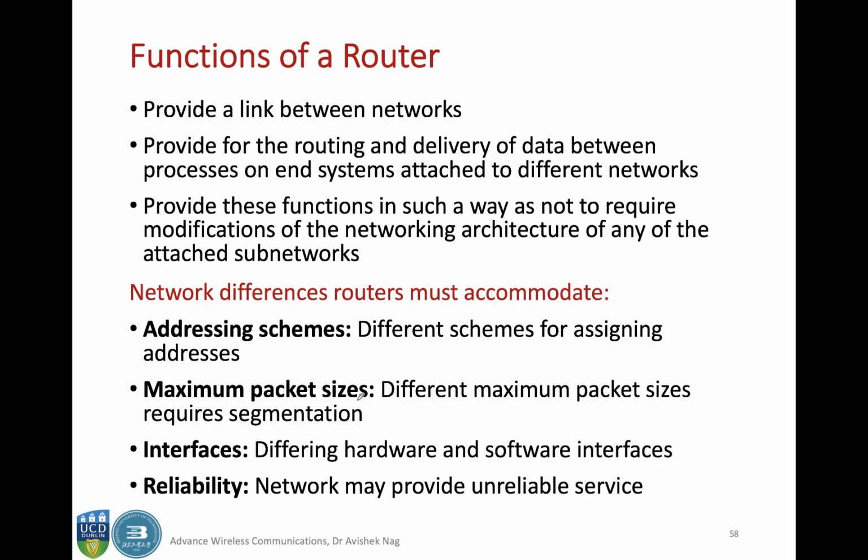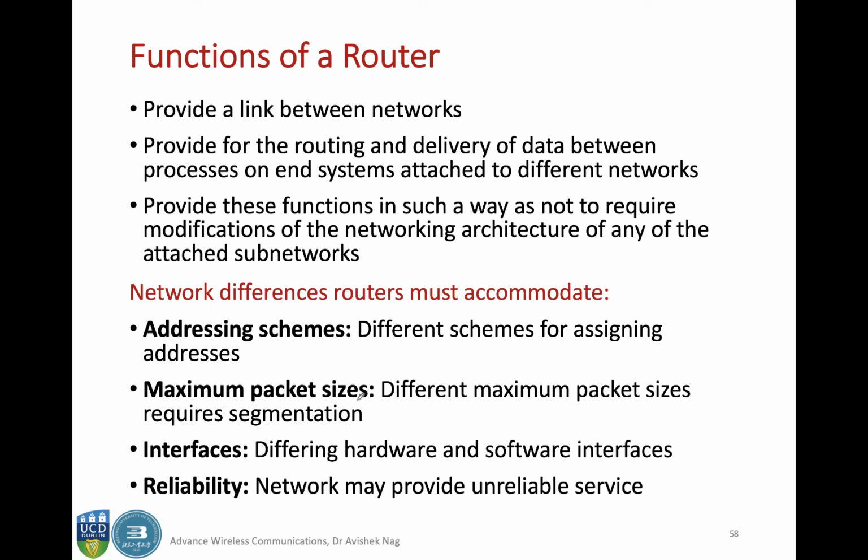So the functions of a router are these. They provide a link between networks. They also provide for the routing and delivery of the data between processes and end systems. They also provide these functions in such a way as to not require modifications of the networking architecture of any of the attached subnetworks. To do that, the network differences that the router must accommodate are these.